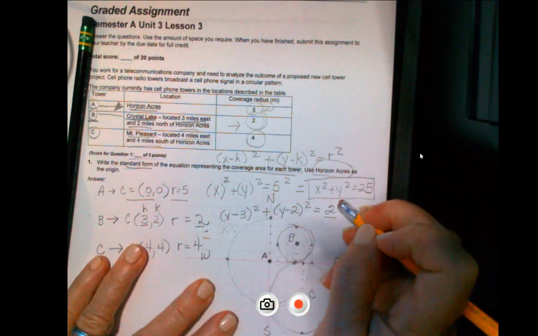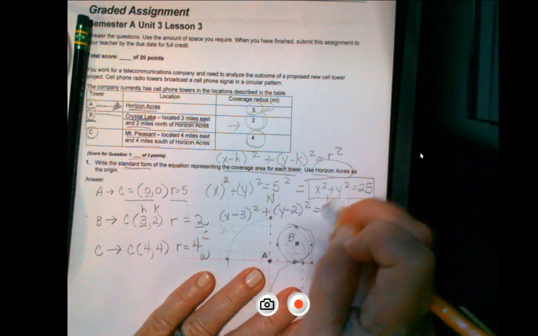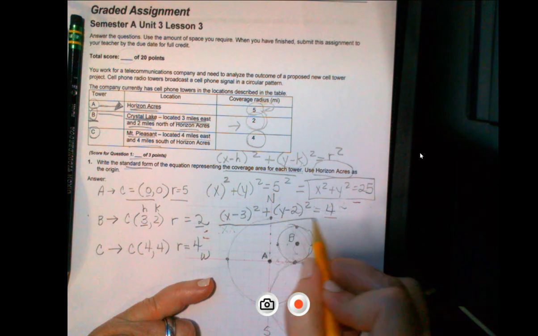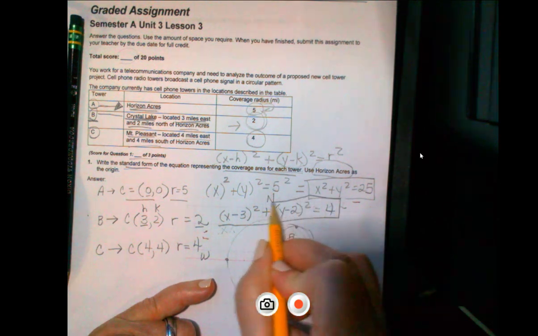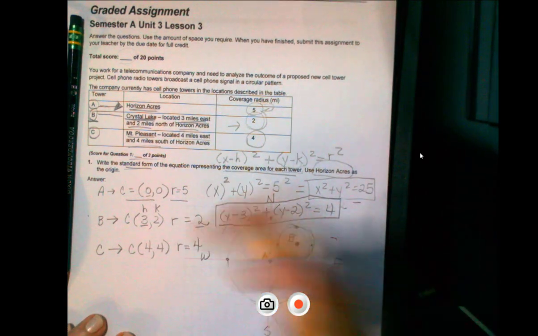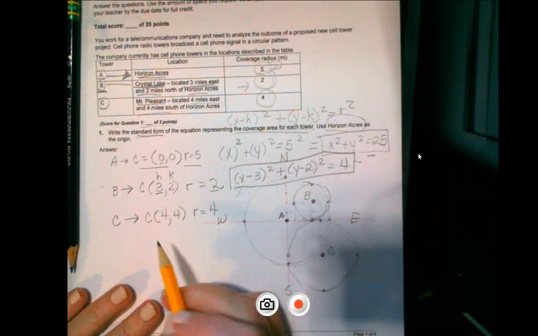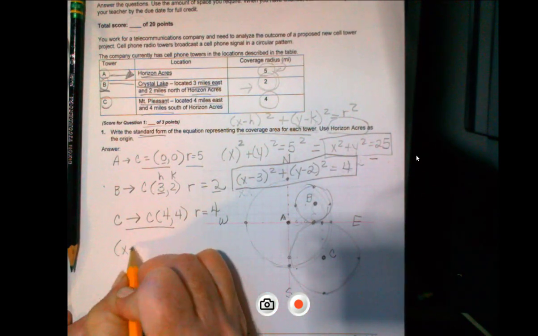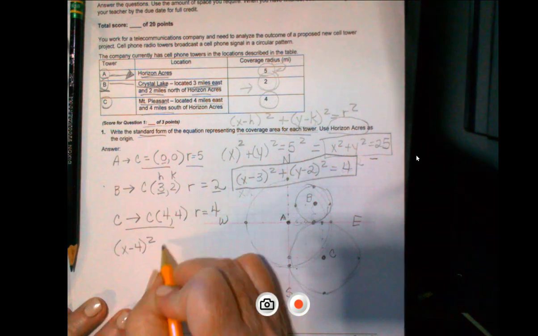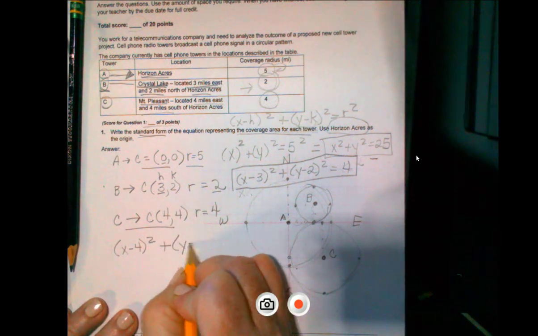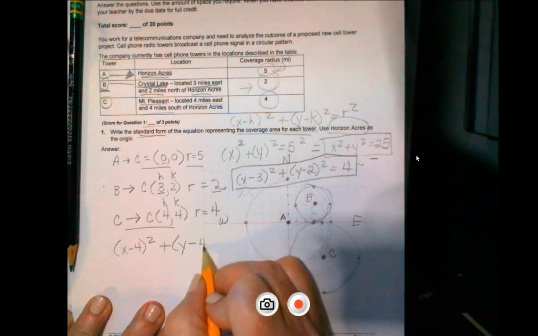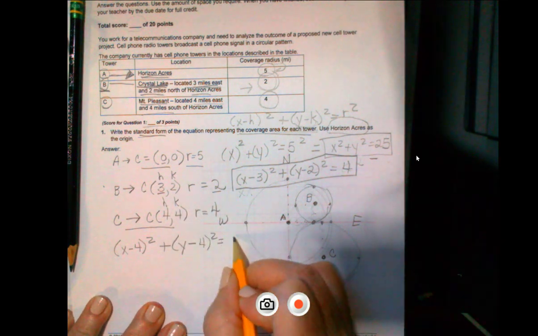I'm going to go ahead and replace that with the 4 here so we don't get all messy. I'm going to take this center, x minus 4 squared plus y minus 4 squared equals 4 squared, where this is h and this is k.